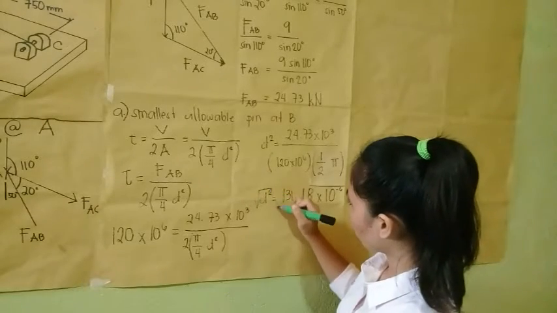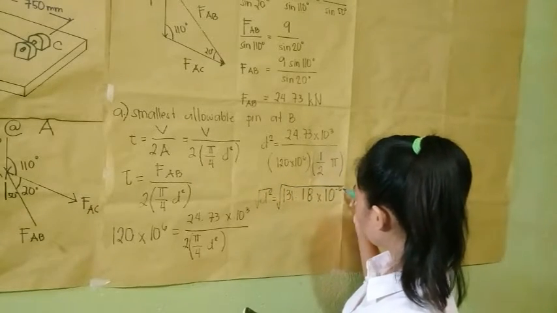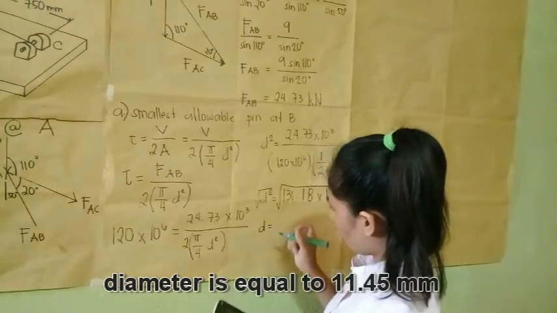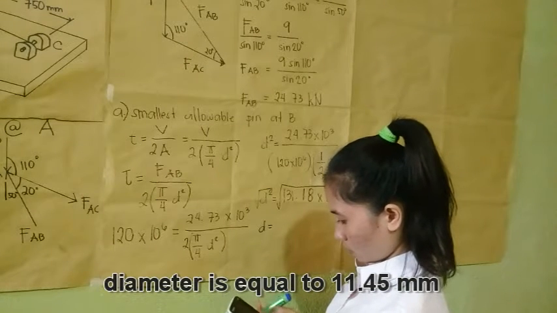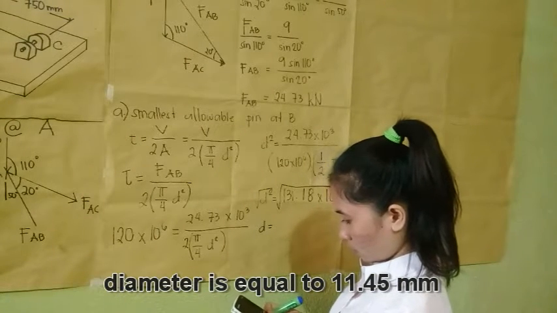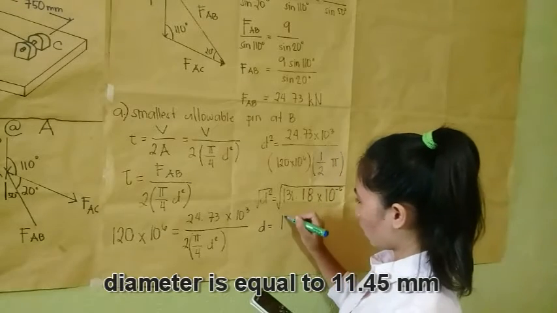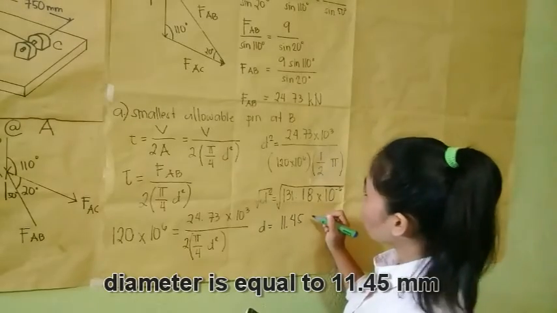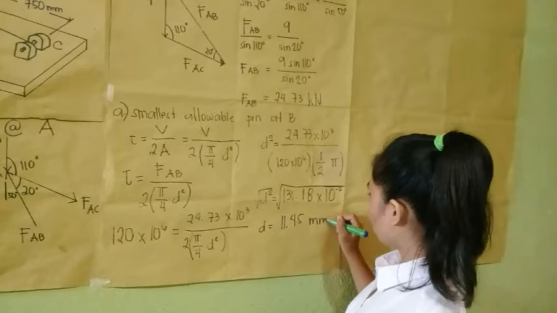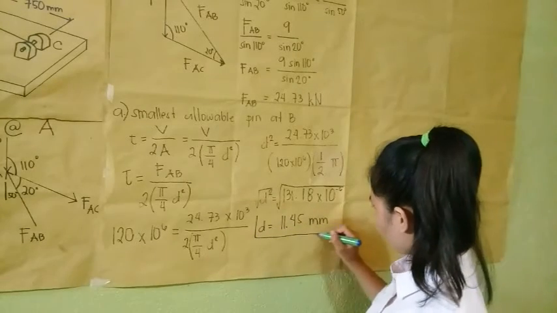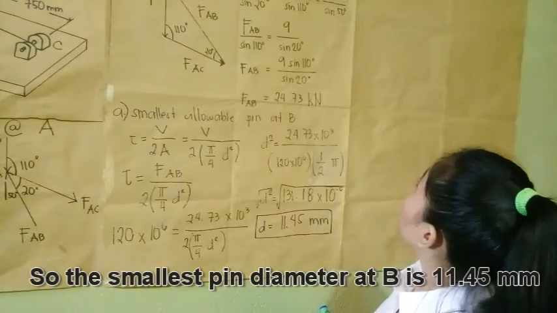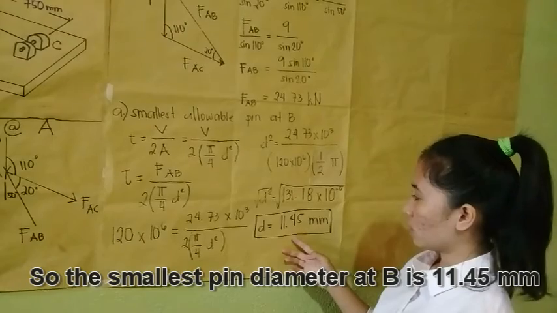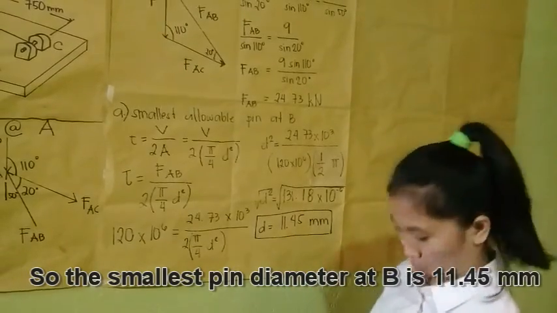Taking the square root, we have d is equal to 11.45 millimeter. So the smallest allowable diameter at pin B is 11.45 millimeter.